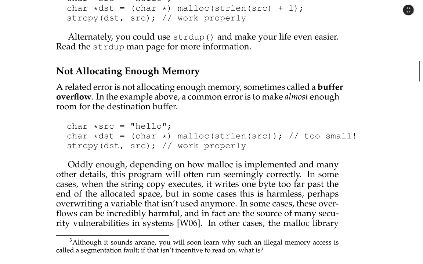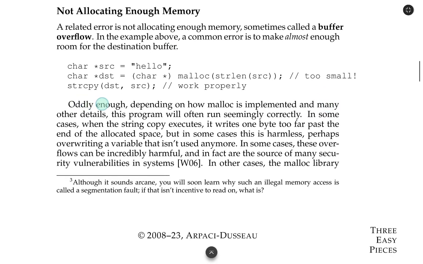Not allocating enough memory. A related error is not allocating enough memory, something called a buffer overflow. In the example above, the common error is that malloc makes almost enough room for the destination buffer. Oddly enough, depending on how malloc is implemented and many other details, this program will often run and compile correctly.